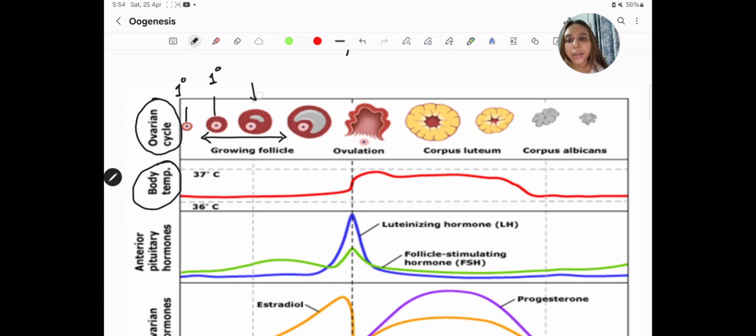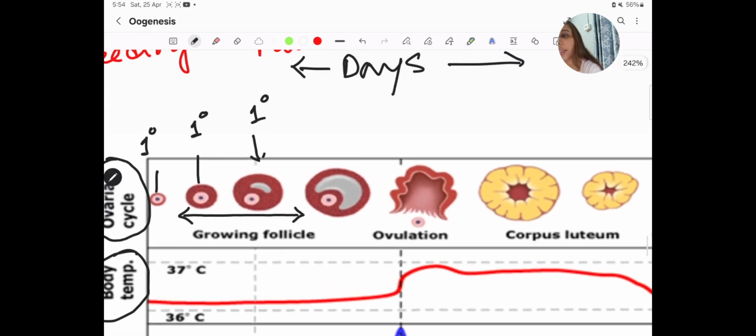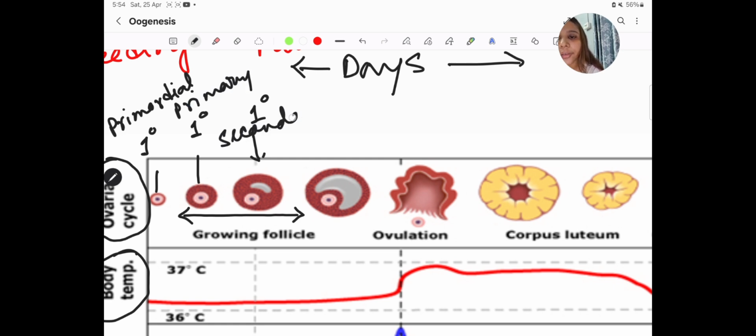This is the secondary follicle, and it is also a primary oocyte. So this is the primordial, next is the primary, and next is the secondary, right?